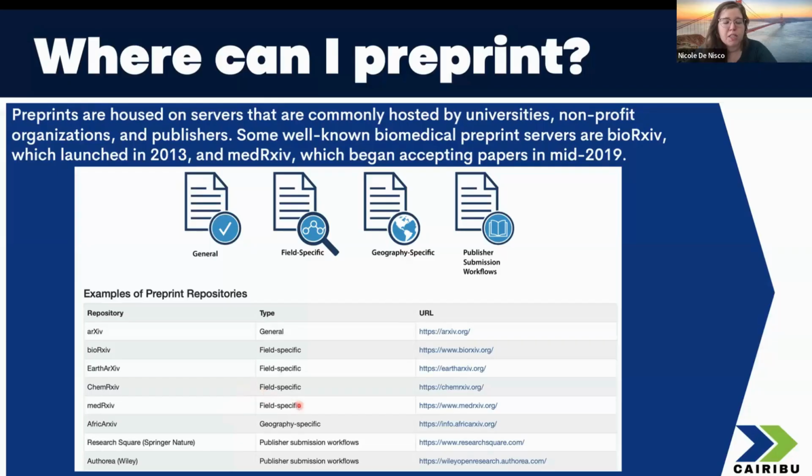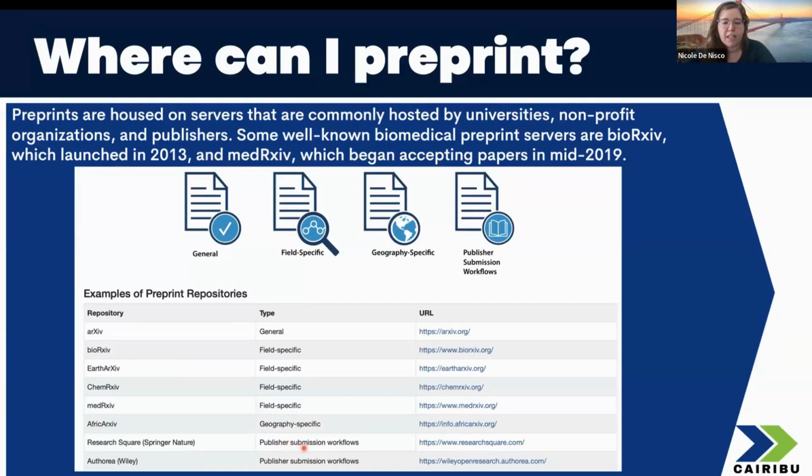There are also preprinting services that are built into the journal submission process. Both Springer Nature and Wiley have the option to preprint your article when you're submitting it to be peer reviewed at one of their journals. Part of the submission workflow is choosing whether or not you want it to be preprinted via their service.